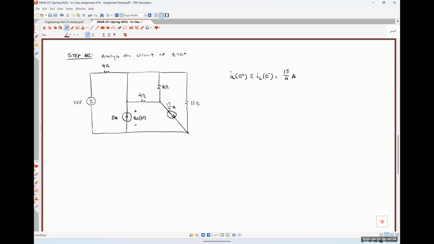And now the only thing that we have left to solve for is that voltage VCS at 0 plus. Anybody have any thoughts on how we might solve for VCS at 0 plus for this particular circuit?